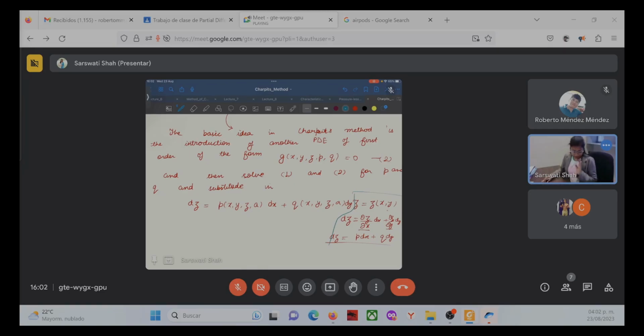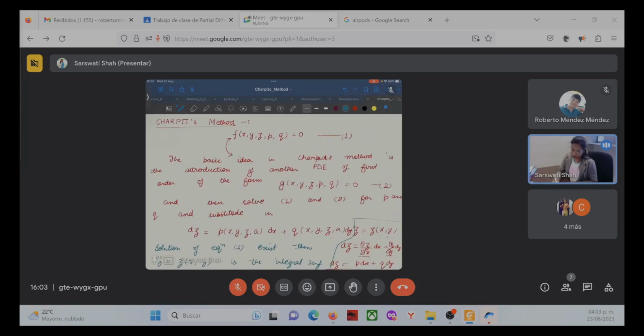So if the solution of equation third exists, then z = g(x, y) is the integral surface, or f(x, y, z) = 0 is the complete integral of the given nonlinear partial differential equation.